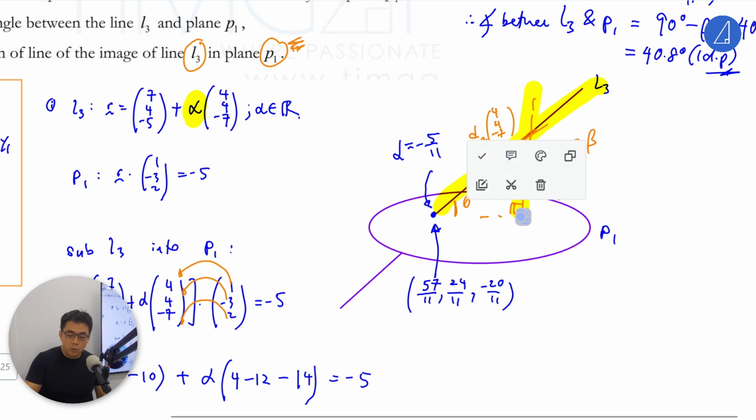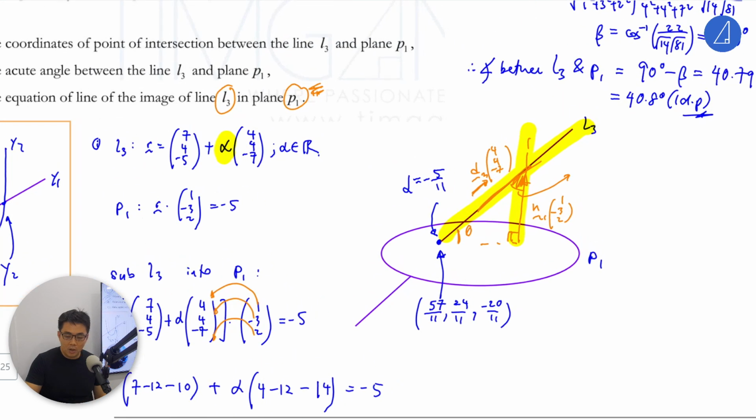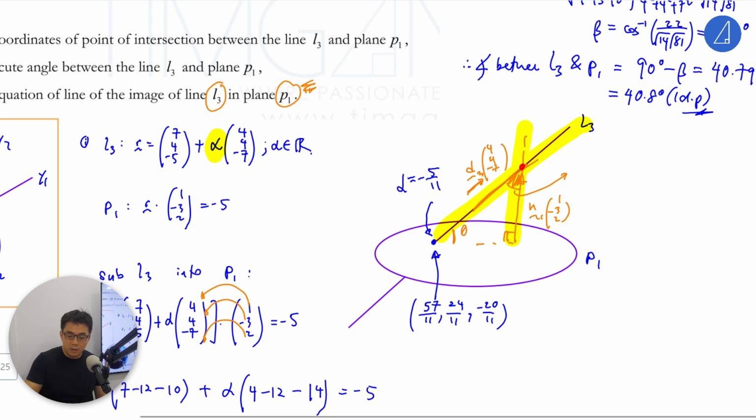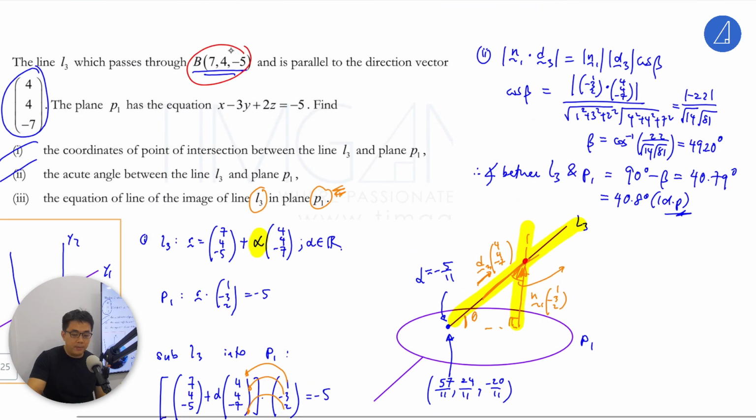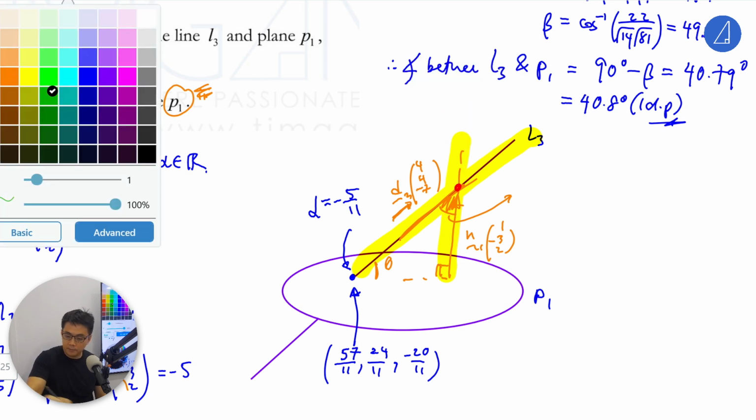There's one point on line 3. We know what it is. Line 3, we have B, right? So can you just put this as B?